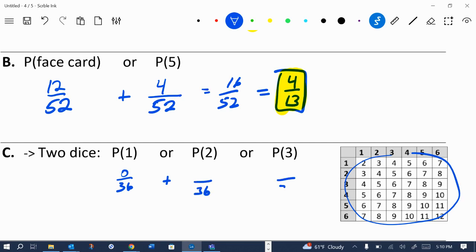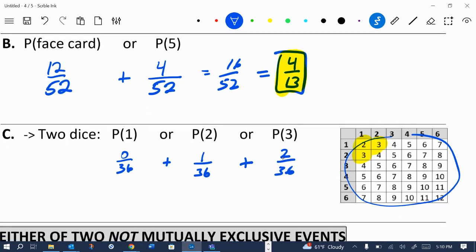Well, let's put 36s for these others. To get a 2, there's only 1 possibility. And to get a 3, there are 2 possibilities. So it's 1 here, and there's 2 here, which means what we could get is 3 of these could come up, 1, 2, and 2 3s, out of 36 of them, which is 1 over 12. I'll leave it as a fraction this time.